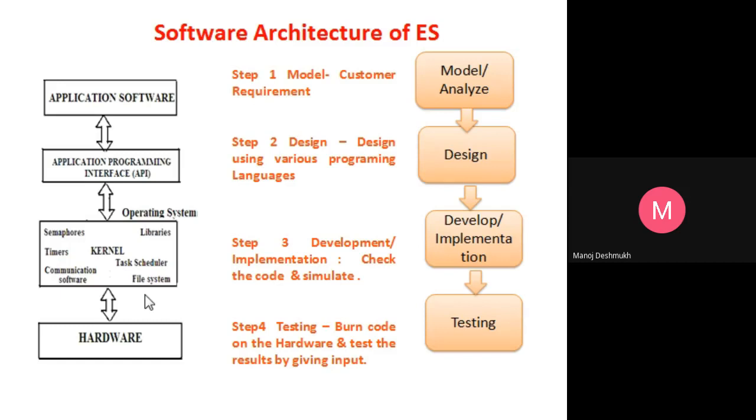So initially we have to take care of all the requirements given by a customer, and then we have to go for designing a circuit, designing a program, that is software application specific. Okay, but before that, first and foremost condition is analyzing all the requirements, then go for designing.